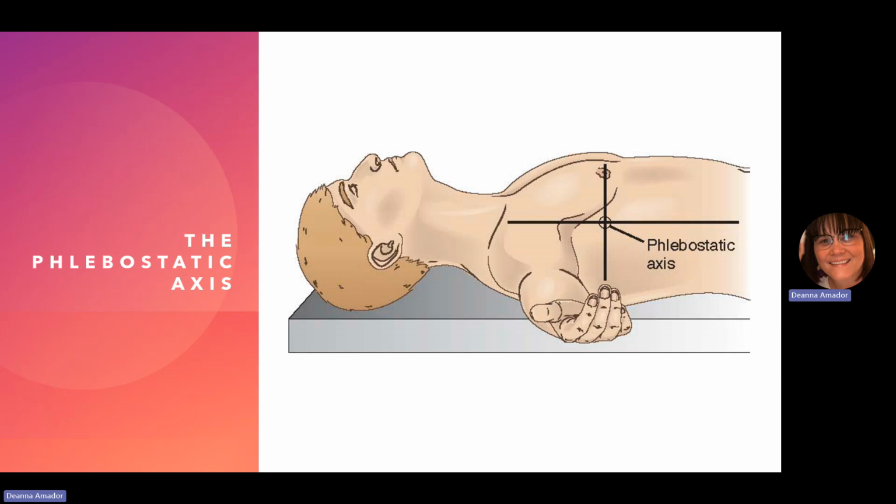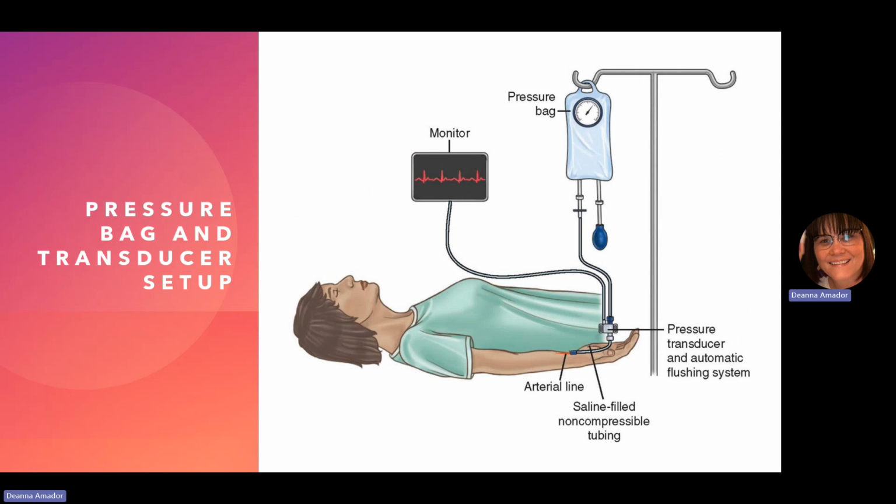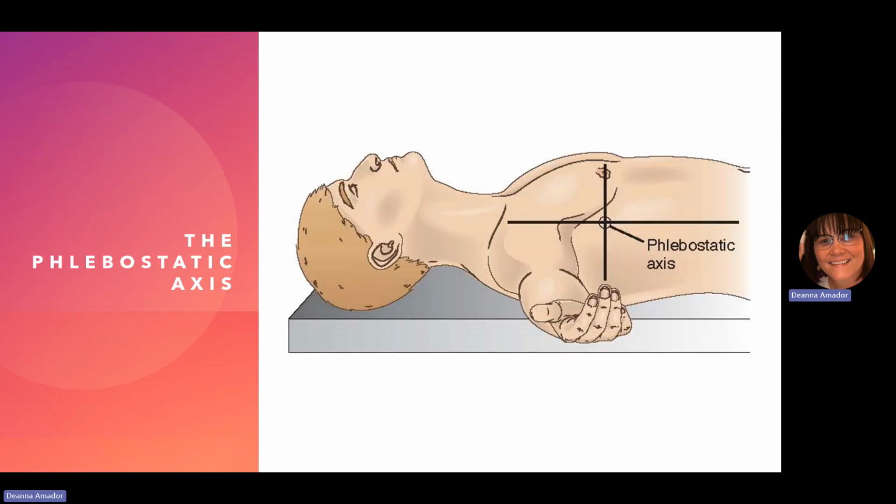So just know, nipple line, armpit area, this is your phlebostatic axis. This is where we will put the transducer, right here, this transducer. We typically will roll it up, put it on a washcloth or a towel, and then we'll lay it right up here where that phlebostatic axis would be. It has to be leveled there or your waveform is not accurate.